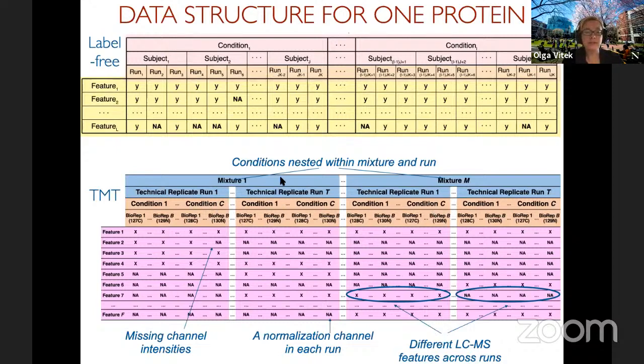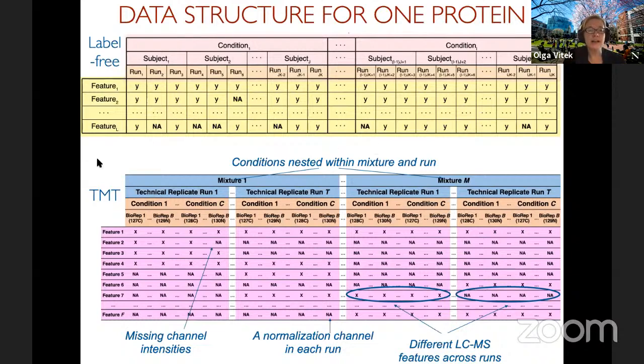And what is important is that the top level of the grouping now is actually a random factor because the mixtures contain some randomness and mass spectrometry runs contain some randomness. Whereas before the condition was actually fixed by our experimental design. So this means that we need to change the statistical models that we use to decompose the sources of variation and characterize the signal and the noise for each protein.